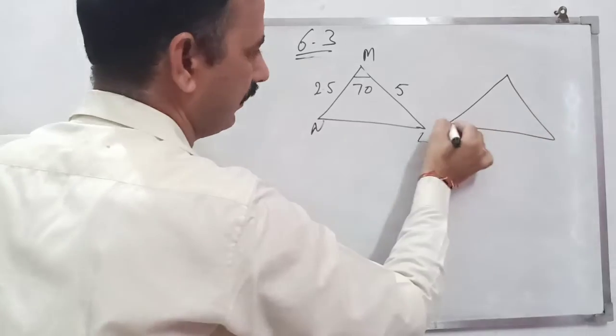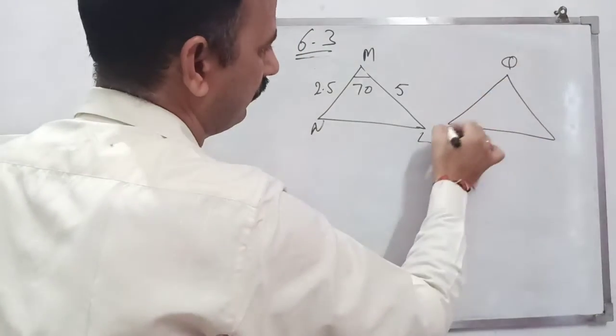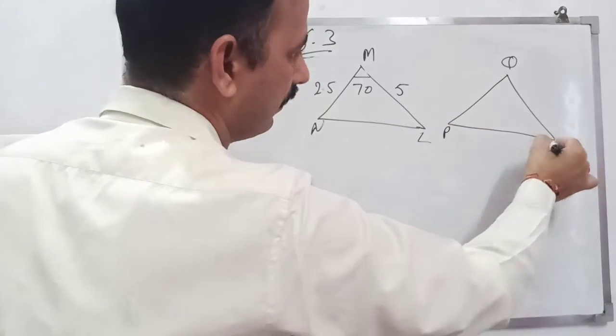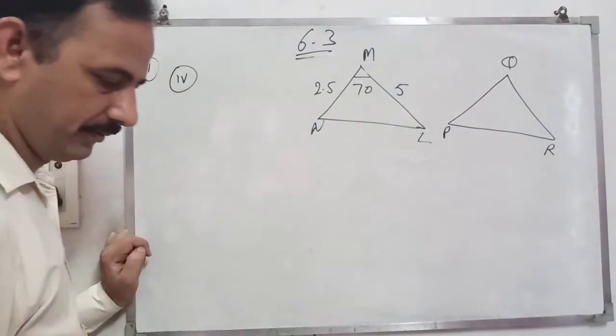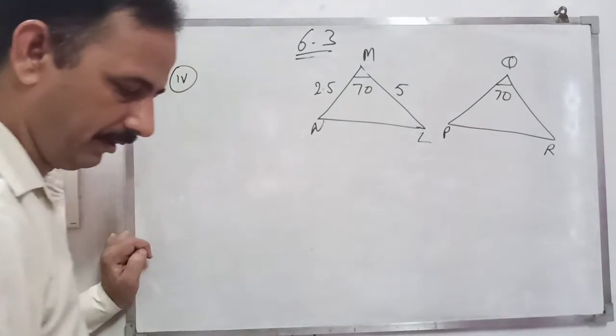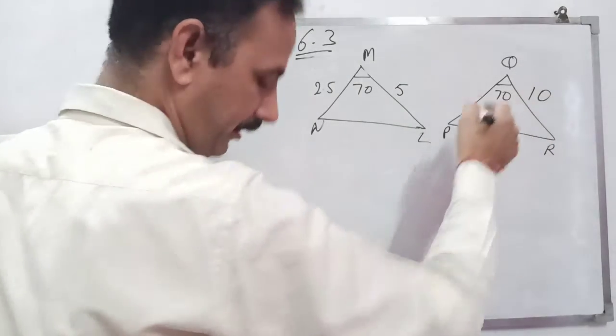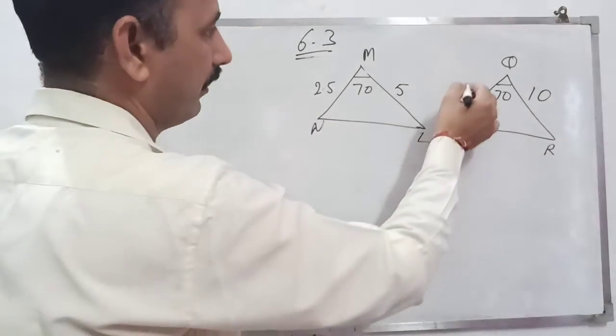The other triangle here is QPR. So angle Q is 70, QR is 10, and PQ is 5.